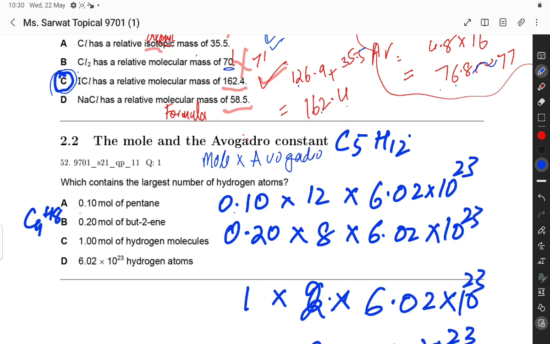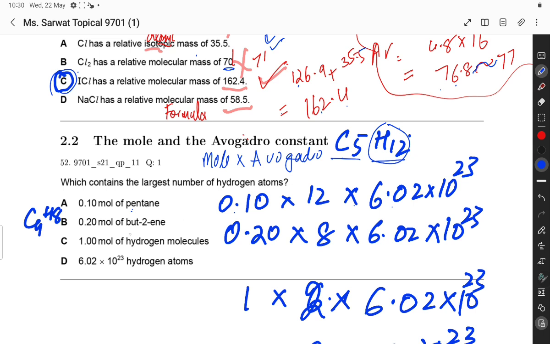So 0.10 is the mole, and the number of hydrogen atoms in pentane C5H12 is 12, so into 6.02 into 10 raised to 23. Then 0.20 mole of butene.